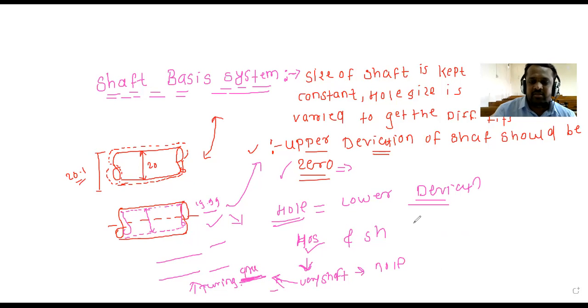But one point you have to remember about the size of the hole: generally we produce the hole with a standard drill bit. The bits are standard, in fixed sizes like 10 mm, 5 mm, so is it possible to vary it exactly?